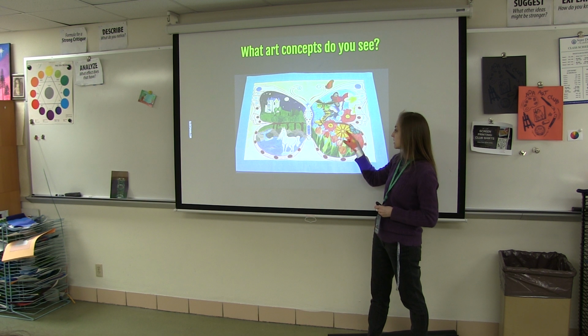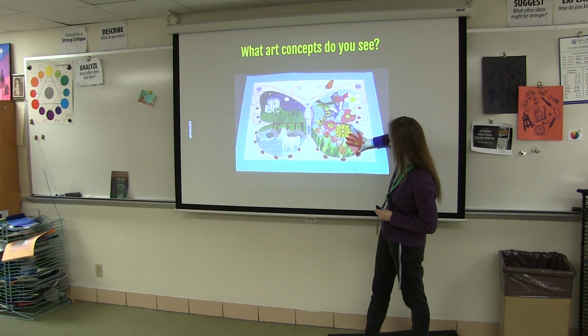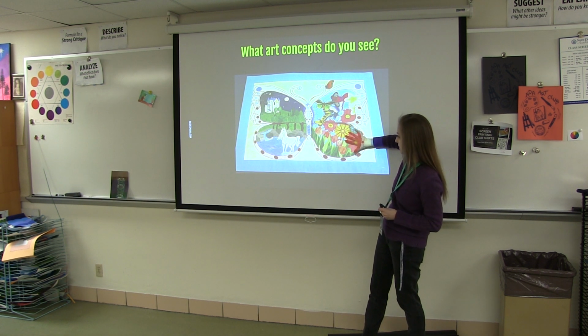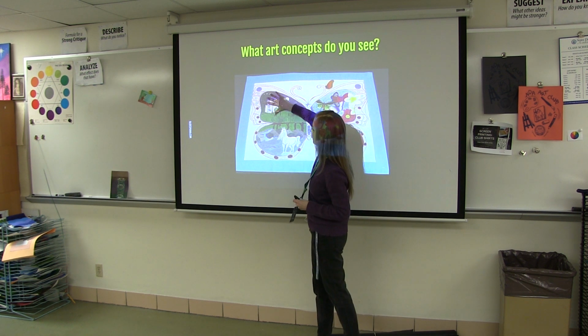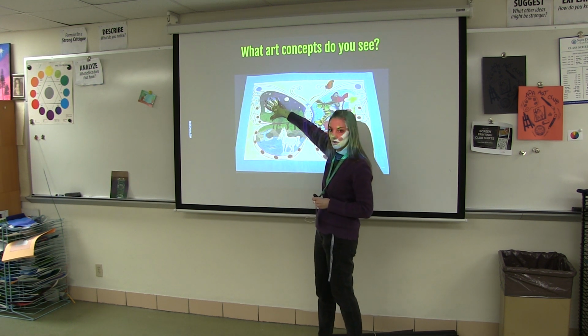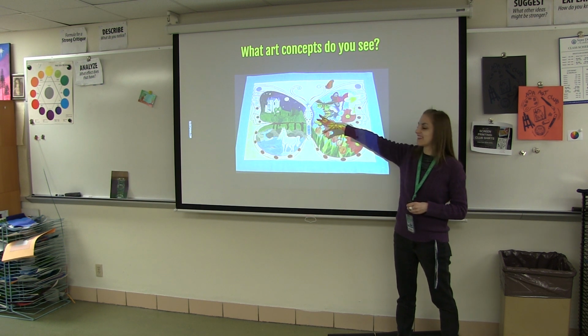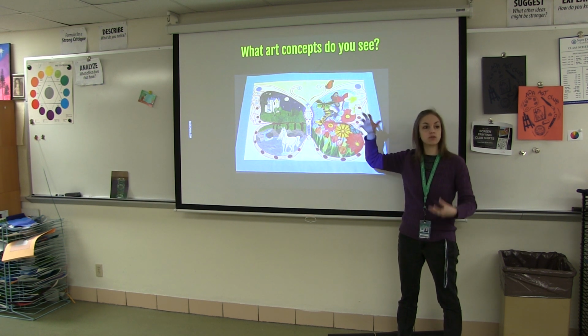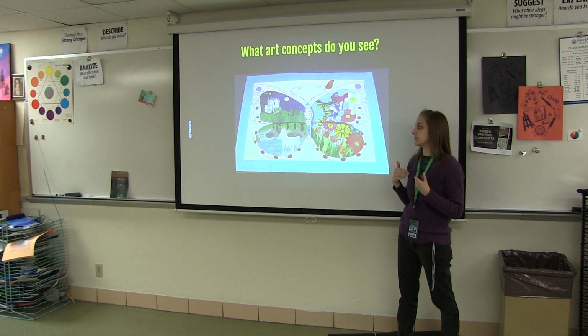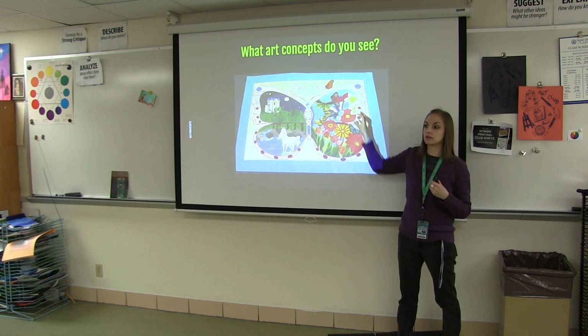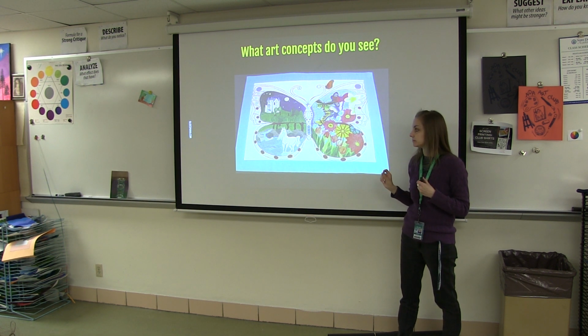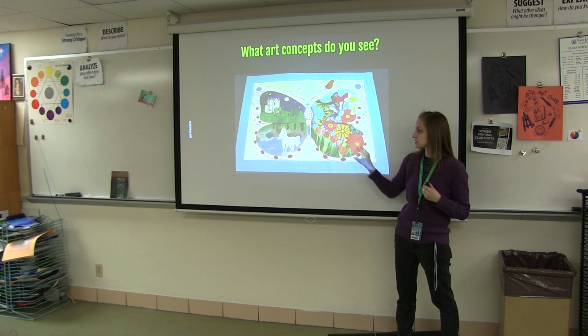So the flowers here are really, really big. They're like the size of my hand up close, right? And then if I take that same hand and put it over here, the building is smaller than my hand. We know that the flower would be bigger, or excuse me, would be smaller than the building, right? So using that proportion and that size difference to show depth. Same thing you could argue with the horse and the flower.